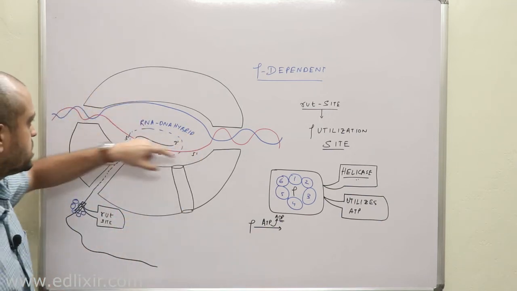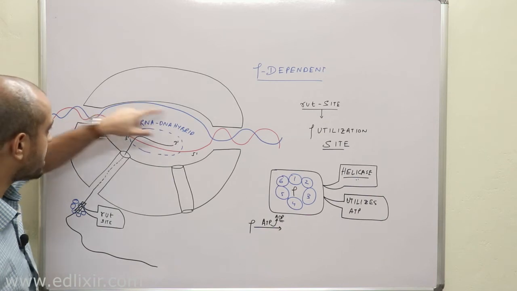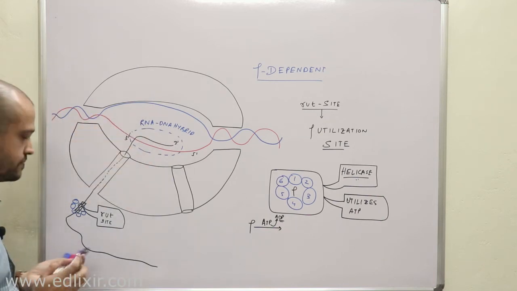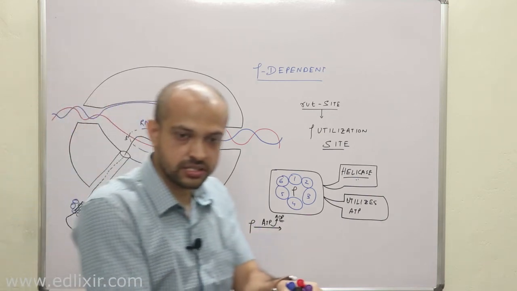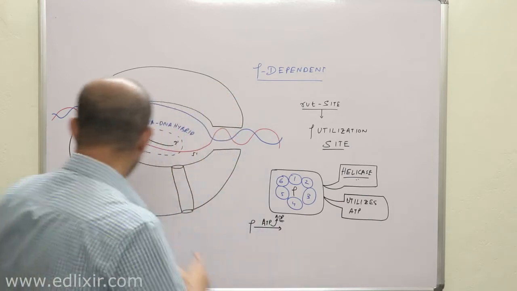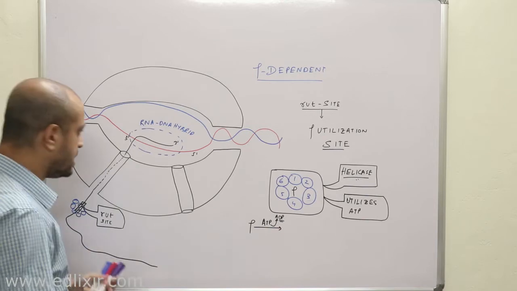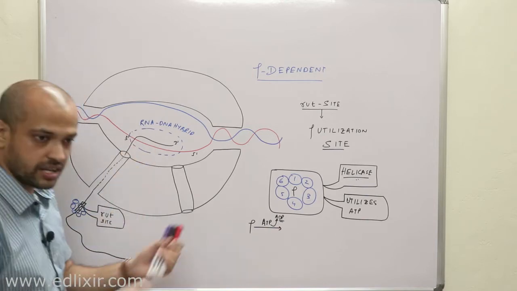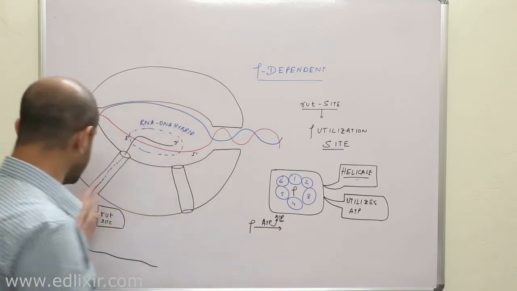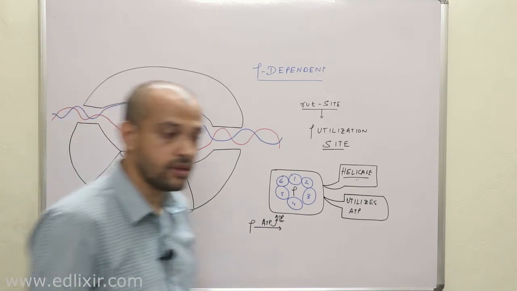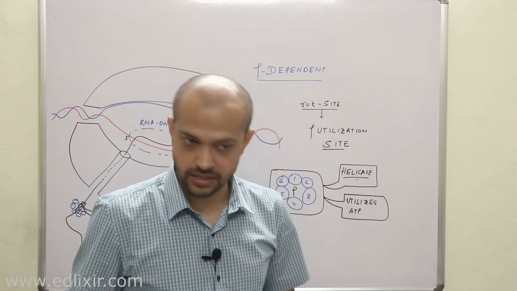A very important point here is that this RNA-DNA hybrid gets dismantled or disrupted when rho helicase arrives here, and therefore this RNA-DNA hybrid breaks off and RNA comes out of this RNA exit channel, and termination of transcription takes place, clear.